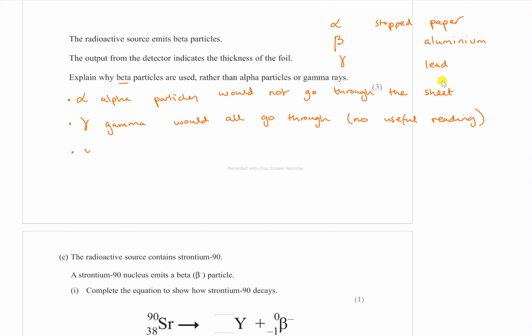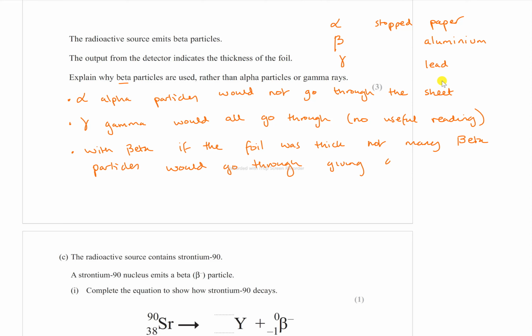With beta, if the foil was thick, not many beta particles would go through, giving a low reading.